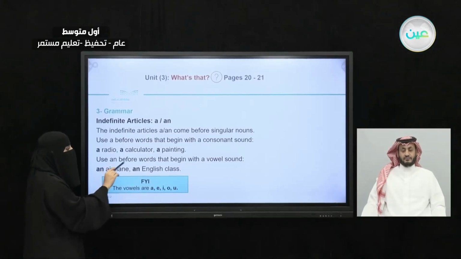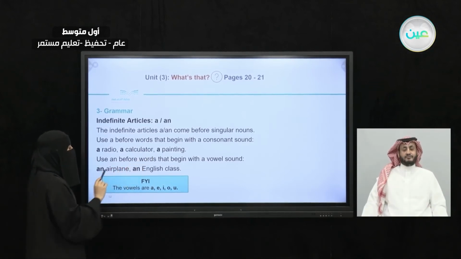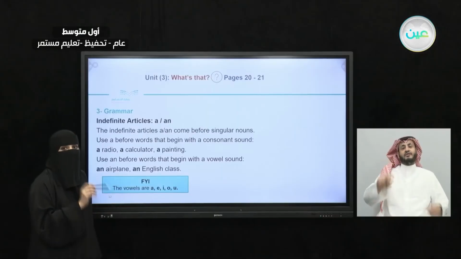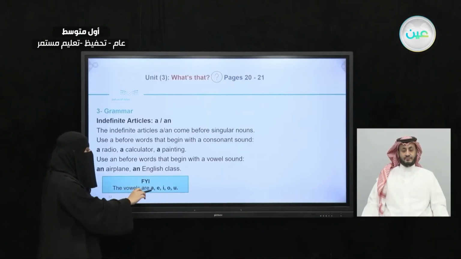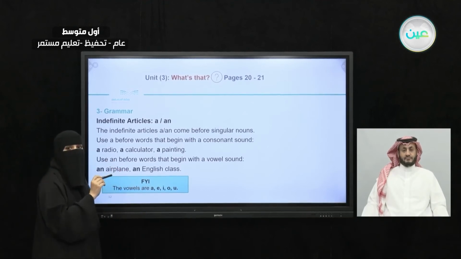Use an before words that begin with a vowel sound, an airplane, an English class. And we said we have only 5 letters that are the vowels, A, E, I, O, U. Only 5 of them. And whenever any word starts with a vowel, you will be using an as indefinite article. Okay?